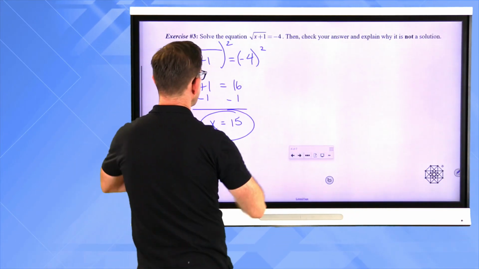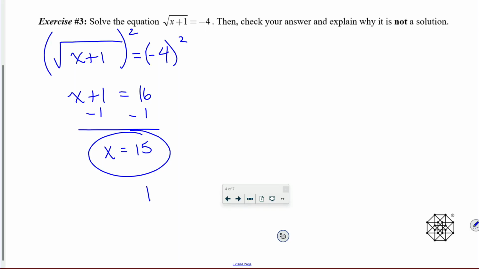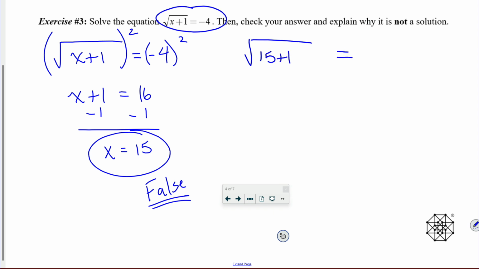All right, full screen. Here we go. So why is this false? Why is it what's called an extraneous solution? Well, if I go back to the original equation and I substitute 15 in, and let me put a question mark there, right? I'll get the square root of 16 is equal to -4, but keep in mind, in this situation, the square root of 16 is only the positive square root of 16, right?